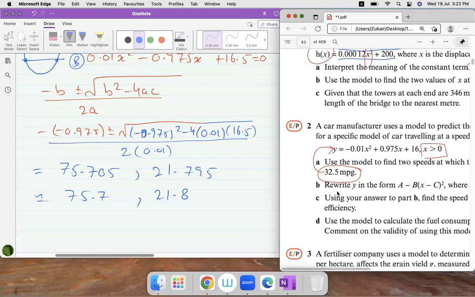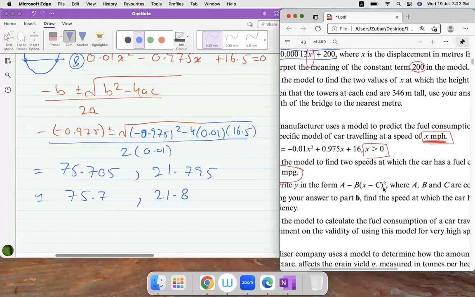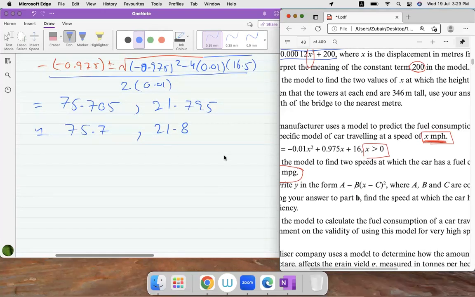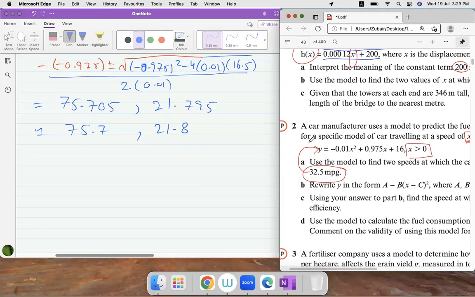Okay, then it says rewrite y in this form. Which form is it? What do we call it? We did that yesterday. Could you repeat the question? Yeah, B part. Question number 2, B part.